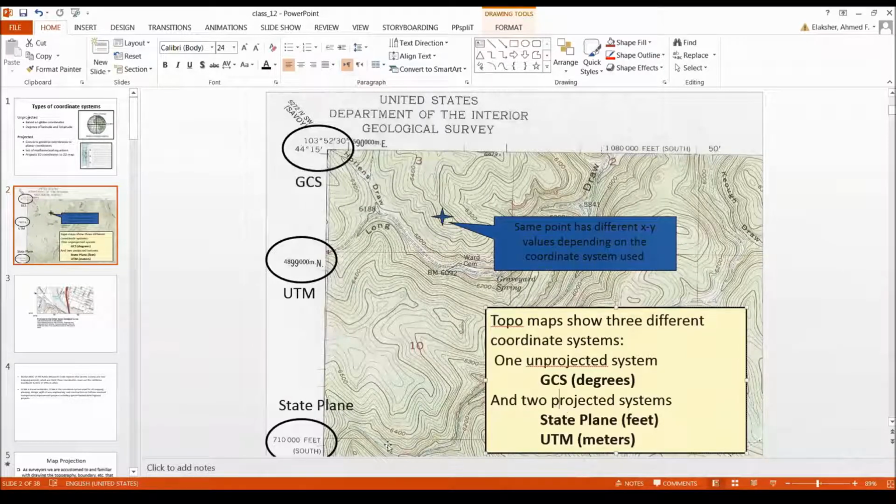And you will also see state plane. In most cases, you will see the state plane coordinate system. We'll talk about what the state plane coordinate system is. And you'll see another coordinate system called the UTM.